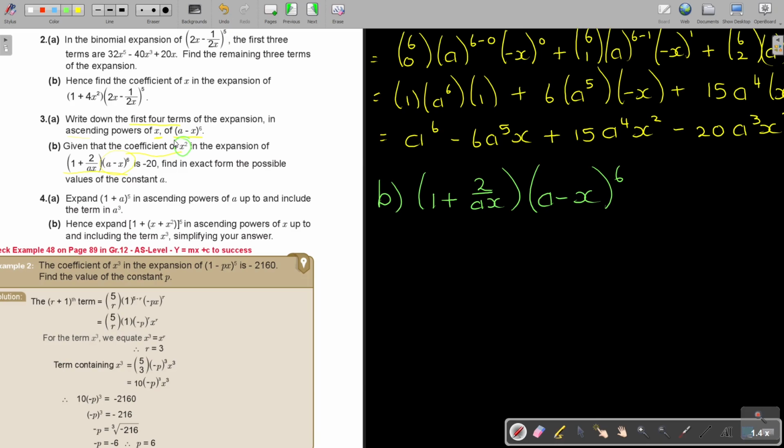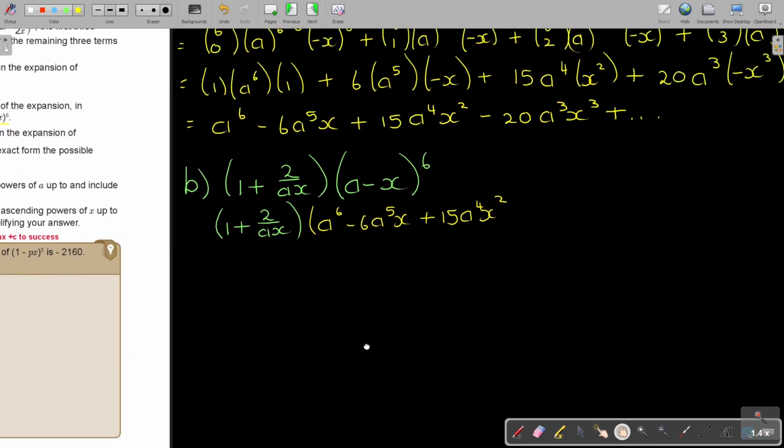So if I go and I write that in, so it's 1 plus 2ax, and I write the yellow, so it's a^6 minus 6a^5x plus 15a^4x squared, let's just go on, minus 20a^3x^3 plus 1, 2, 3.